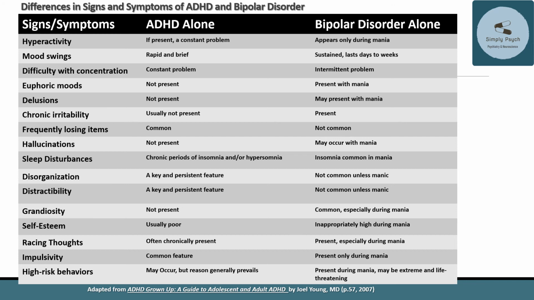So in patients with ADHD, they may have impulsive or high-risk type behaviors, but their sense of understanding and reasoning usually prevents them from doing anything absolutely ridiculous, right? But somebody with bipolar mania may do something very extreme and life-threatening.